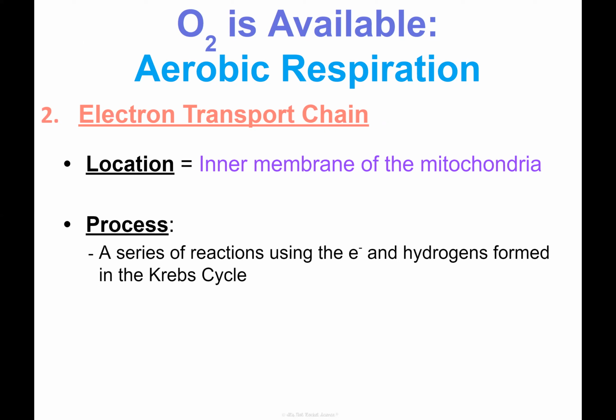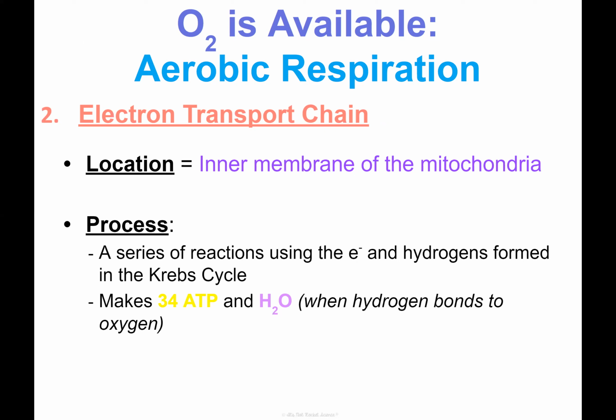So we are simplifying this. So you do create some hydrogens and electrons during that first stage, and you're going to use those in this stage in a series of reactions. And while you are doing that, you are going to make an additional 34 ATP.